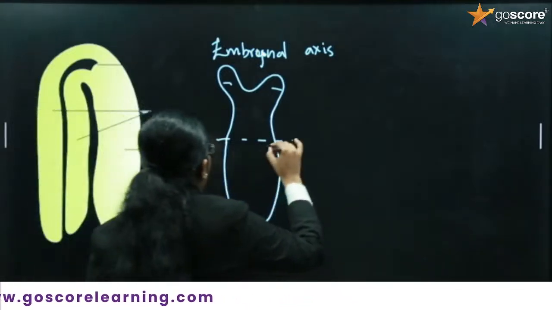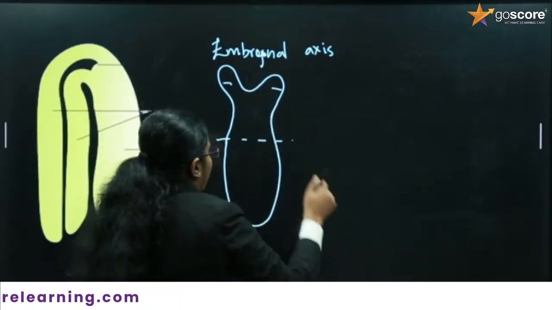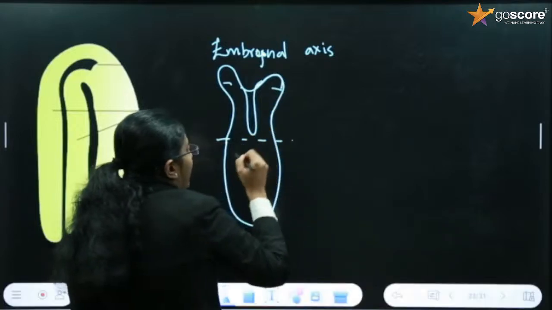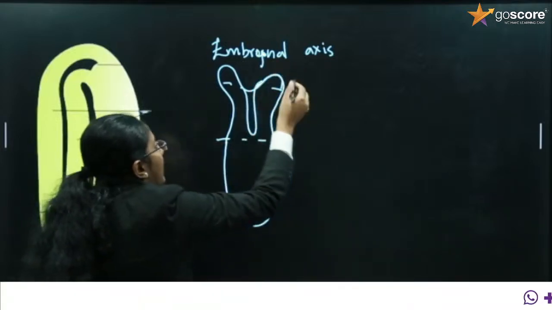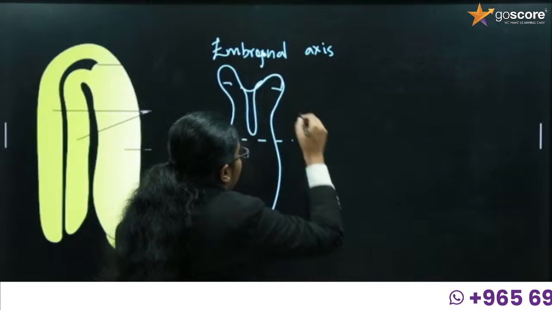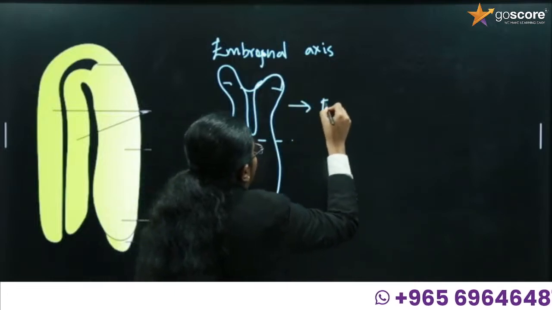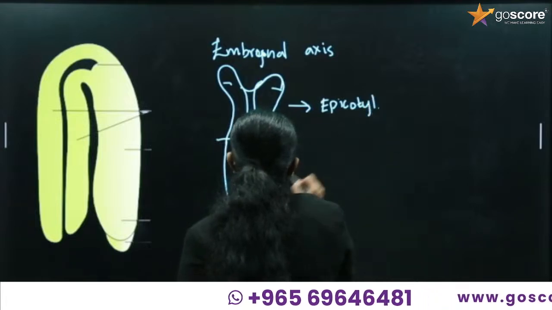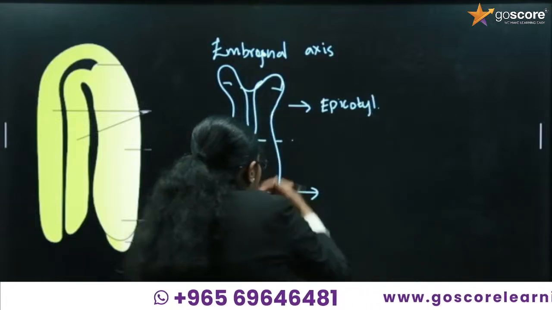If we consider the portion above the embryonal axis, we will call it the epicotyl region.